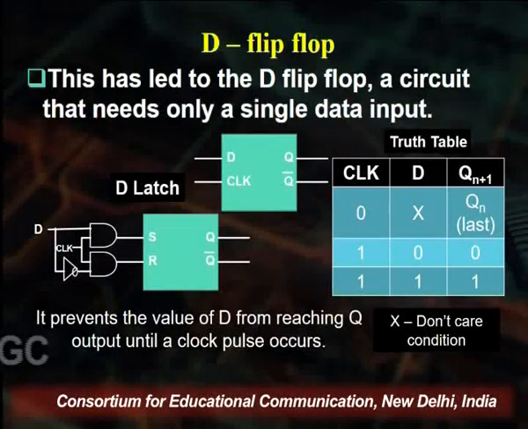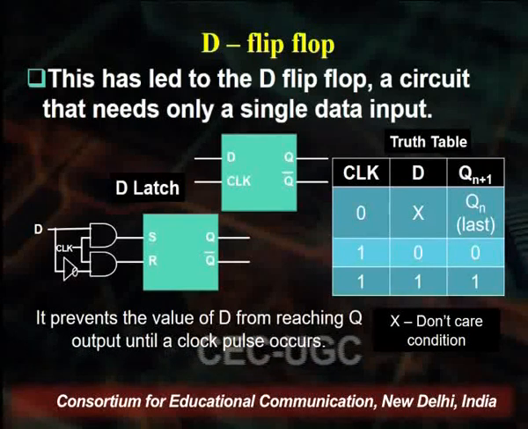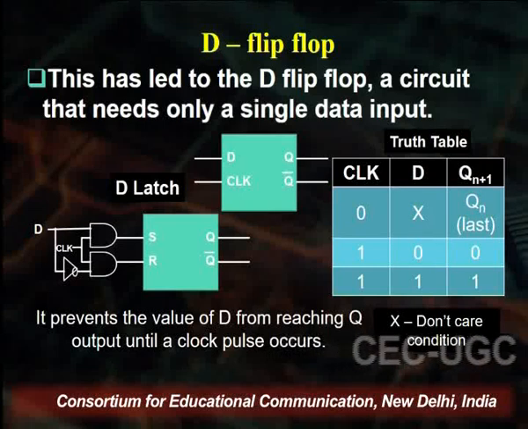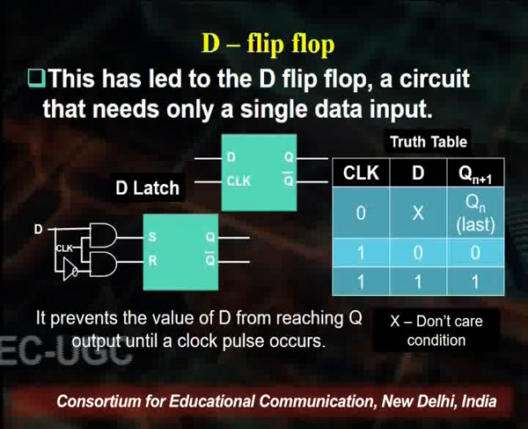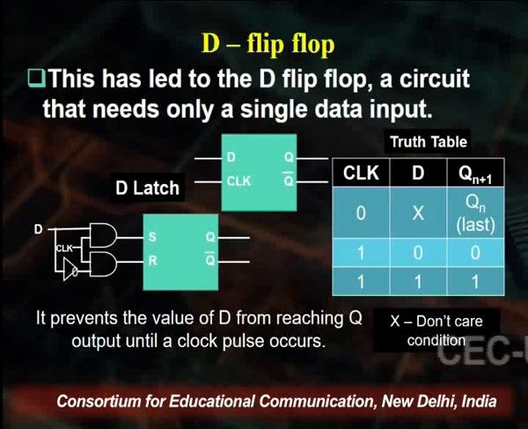In this case, we assume that the enable is on, that is, the clock is high. So the D flip-flop needs only a single data input. If we look carefully, we see that there is a modification with the D input, wherein S and R can never ever have the same value.